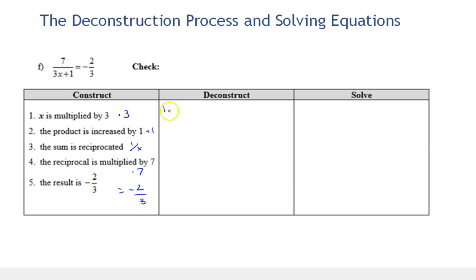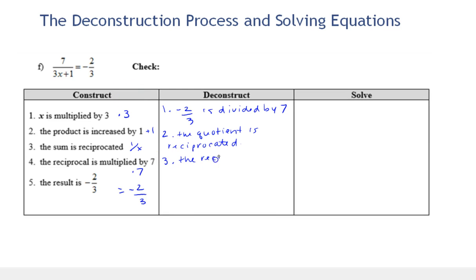So let's deconstruct. Negative 2/3 is divided by 7. The quotient is reciprocated. Now the reciprocal is the result.